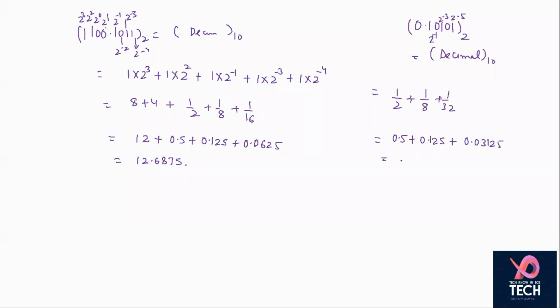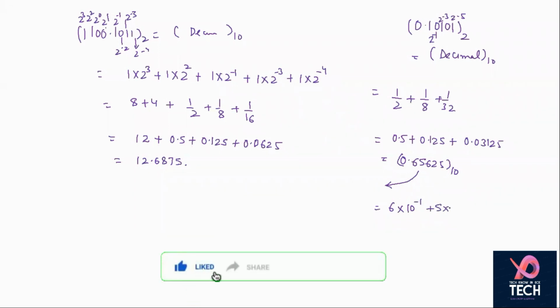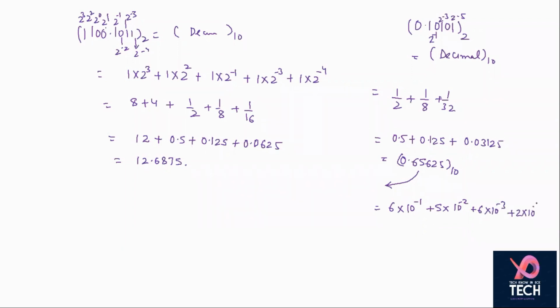So when you add them, you end up with 0.65625 into 10. And if you want to convert this, what is this actually? This is actually 6 into 10 raised to power minus 1 plus 5 into 10 raised to power minus 2 plus 6 into 10 raised to power minus 3 plus 2 into 10 raised to power minus 4 plus 5 into 10 raised to power minus 5. So this is how things go.